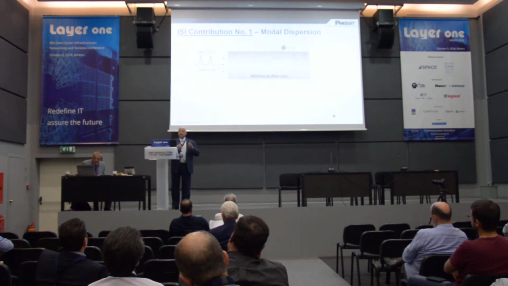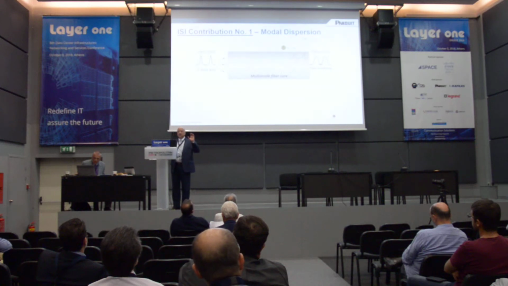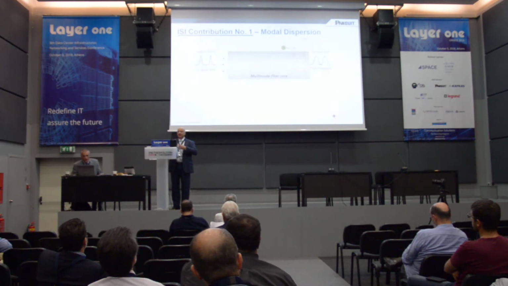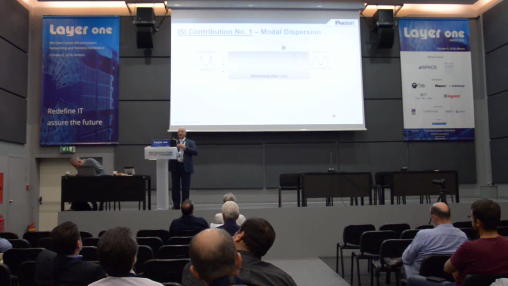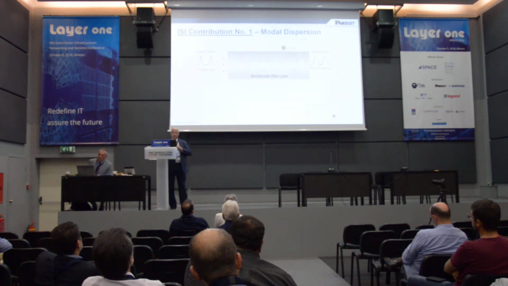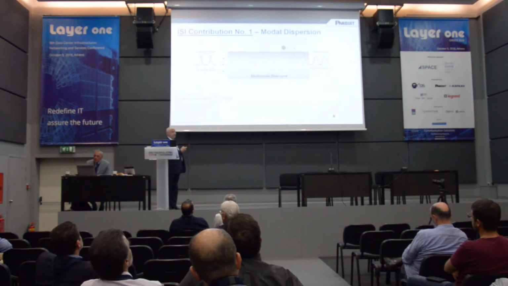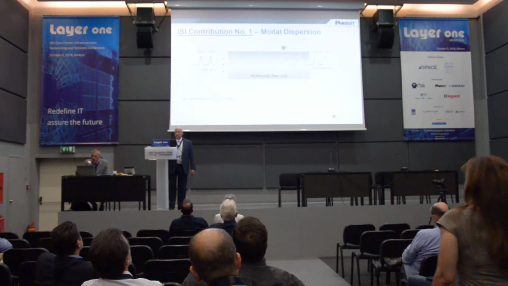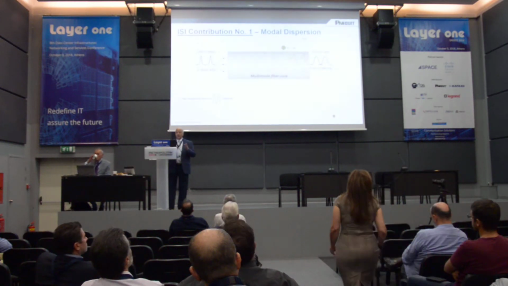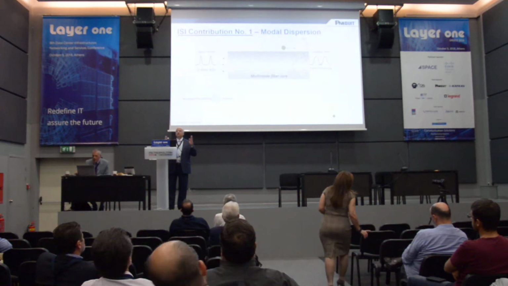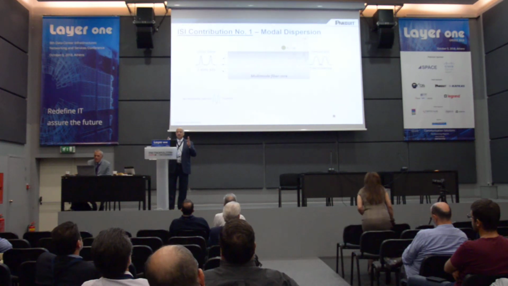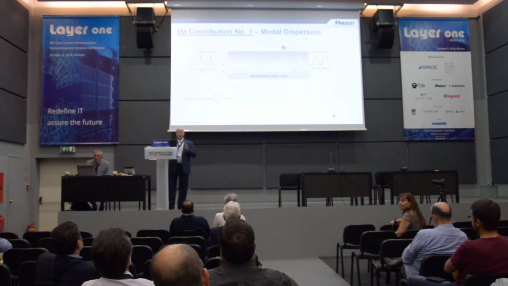So because you have dispersion, what that means is that when the light hits the detector in your receiver, all the different modes are going to get there at different times, so now the pulse is broadened and you have modal dispersion. And the way that hurts you in terms of intersymbol interference is if you put two bits together, as you start going higher and higher data rates, as you do with 25 gigabit and beyond.